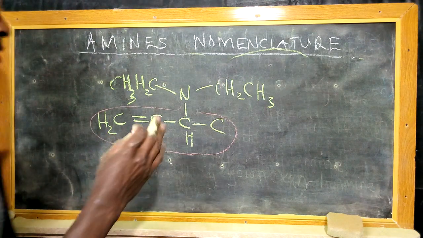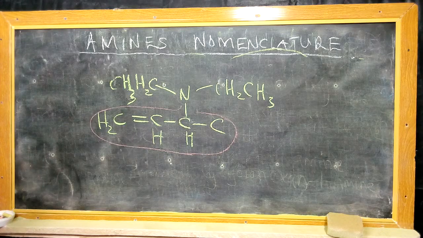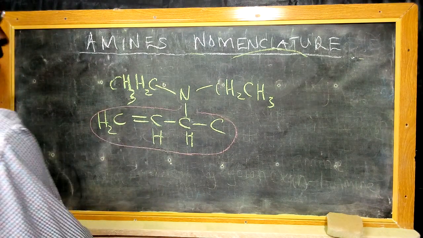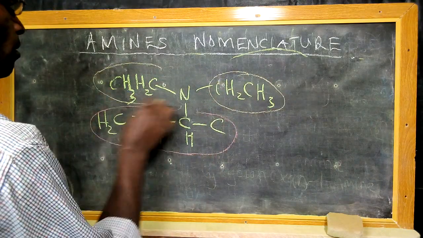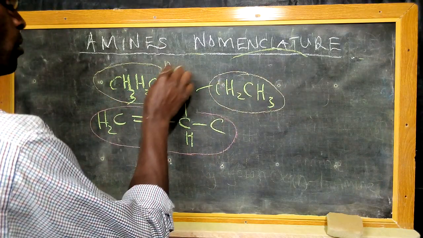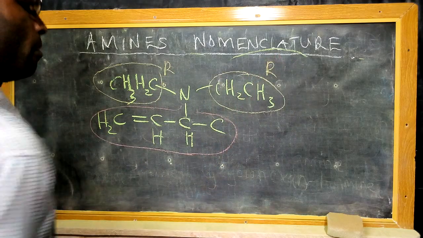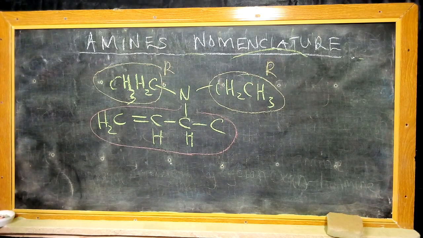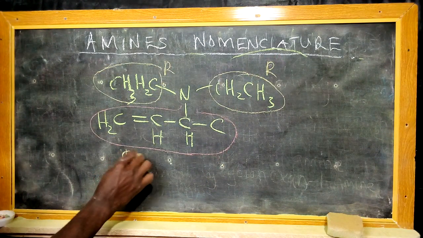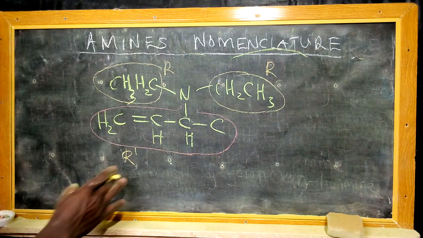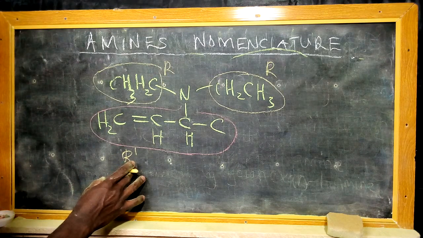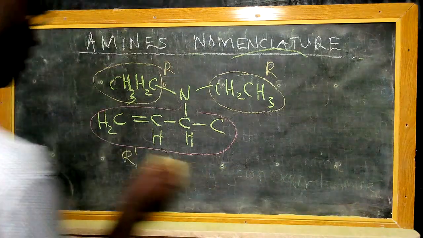So this one falls under the class of alkenes, and then we can see that the substituents at this point are the same. The radical here is just the same as the radical here, but the one that we have chosen as a parent name is a different radical, which I've indicated by R prime. So that is the parent name.